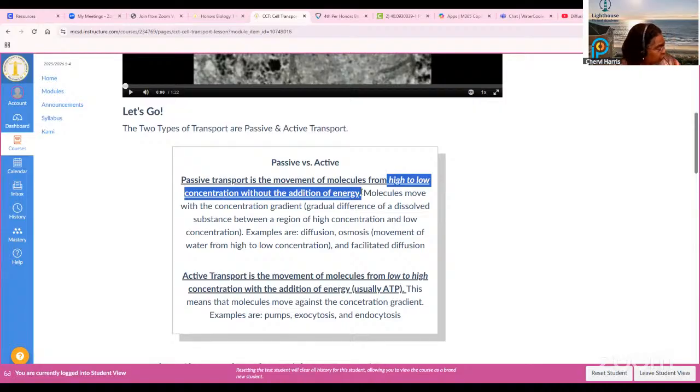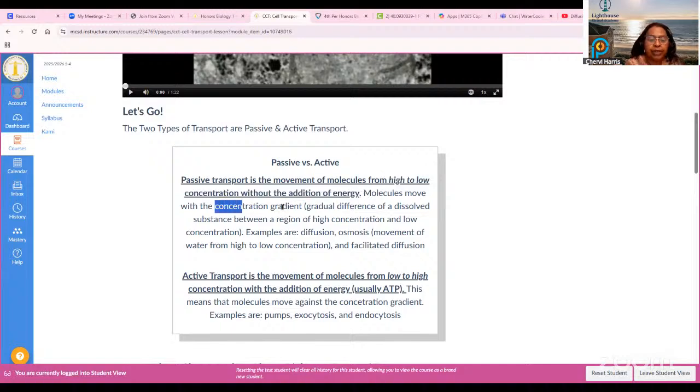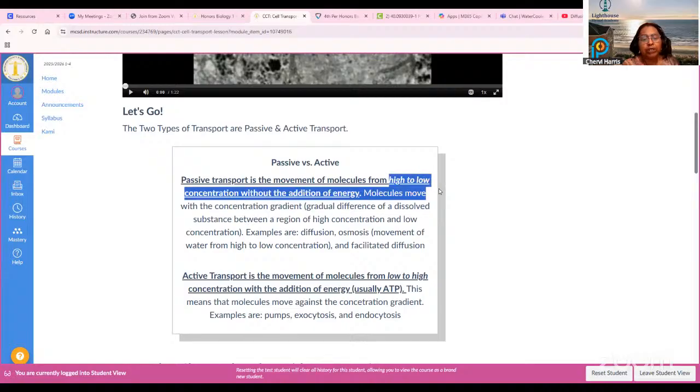No energy is required. And then they have this word concentration gradient. Our concentration gradient is this expression up here. And this one, you're going to have to remember. This is a rule. Things go from high to low concentration. So that is our concentration gradient: things going from high to low.